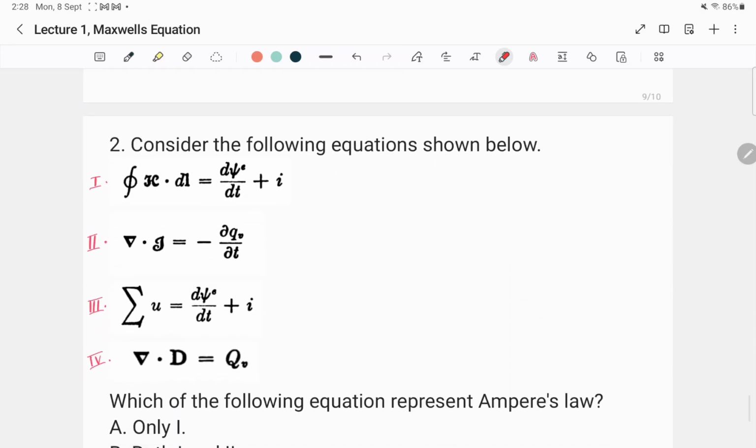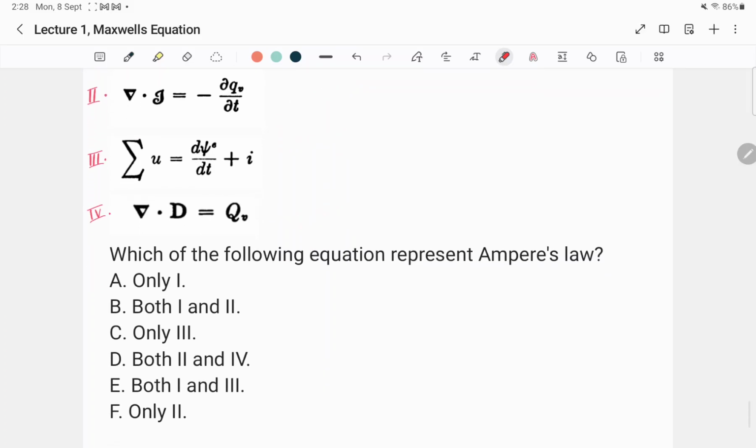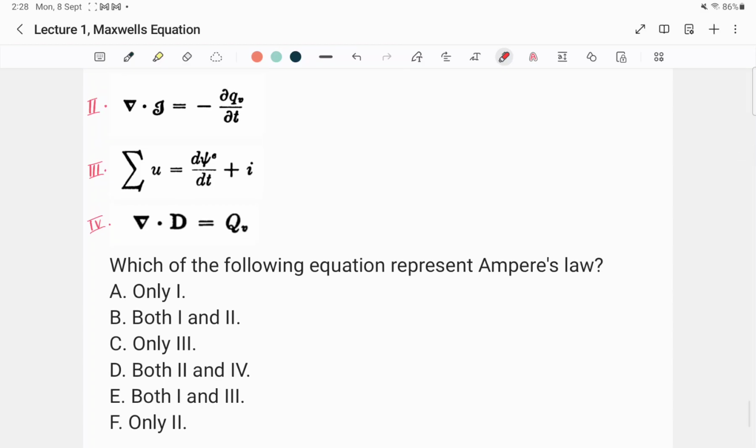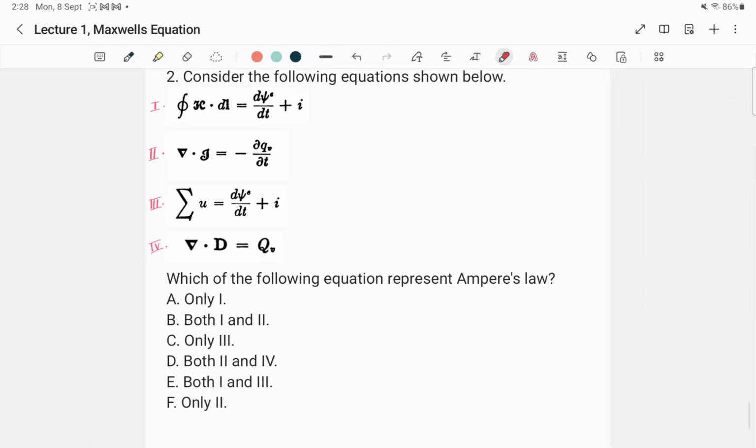I have one more question for you. Consider the following equations shown below. So you have 4 equations, equation 1, equation 2, equation 3 and equation 4. Which of the following equations represents Ampere's law? Out of these 4 equations, you have to tell which equation represents Ampere's law.